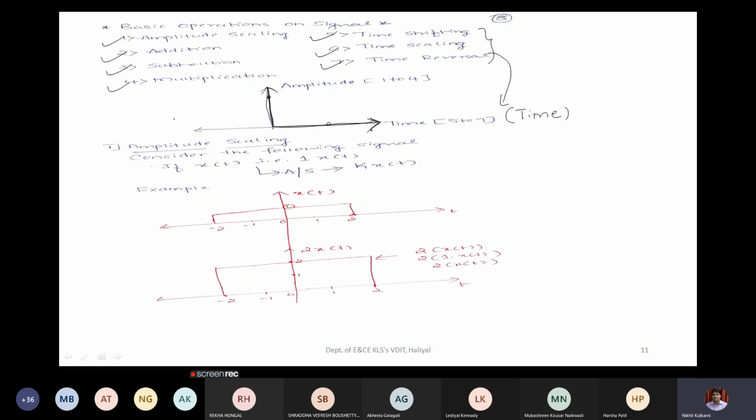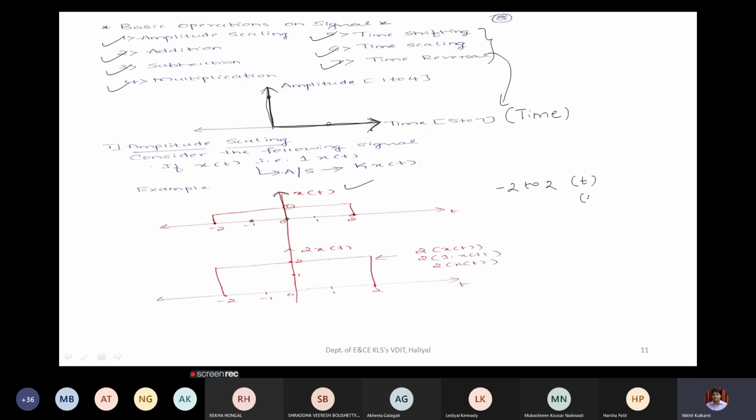Okay, so if you consider amplitude scaling, scaling here basically refers to some change in the amplitude. If you consider a signal x of t, how is it given? x of t is defined in between -2, -1, 0, then 1 and 2. So basically it has been defined from -2 to 2 with respect to time.